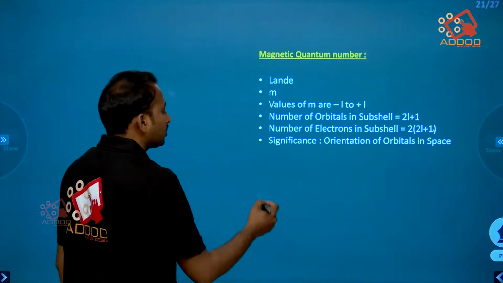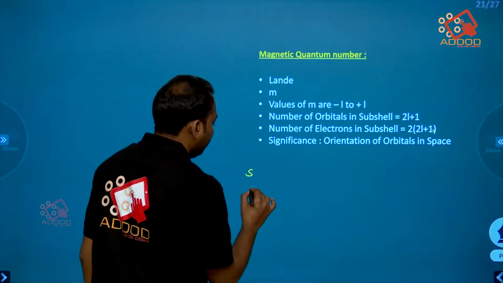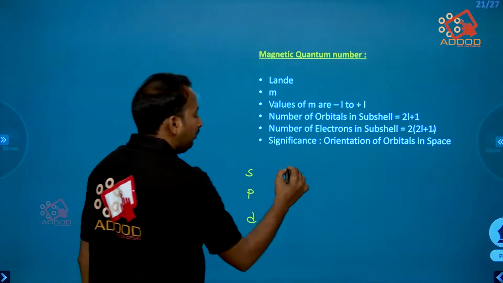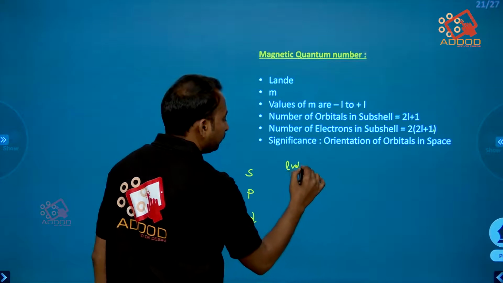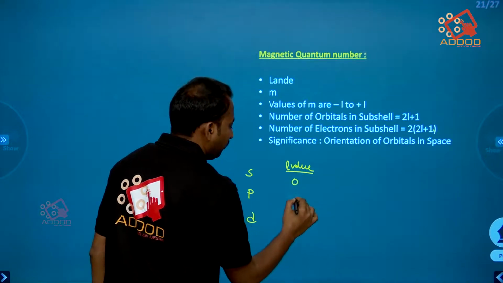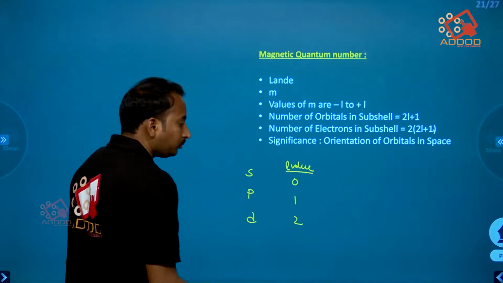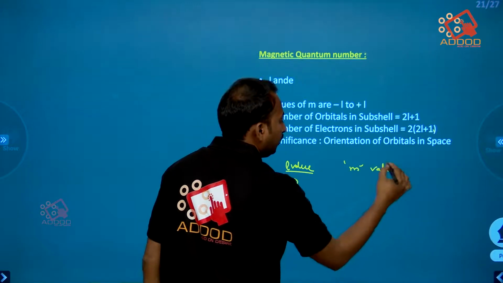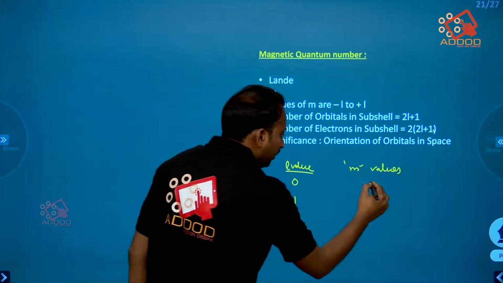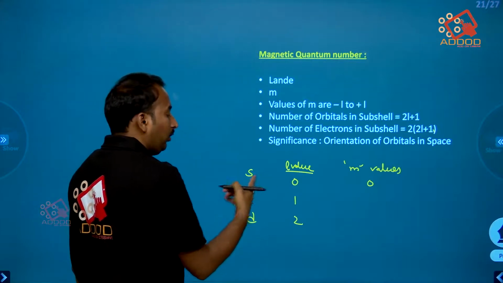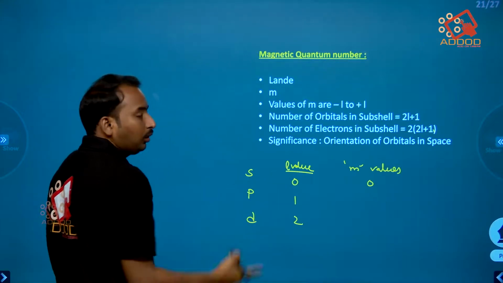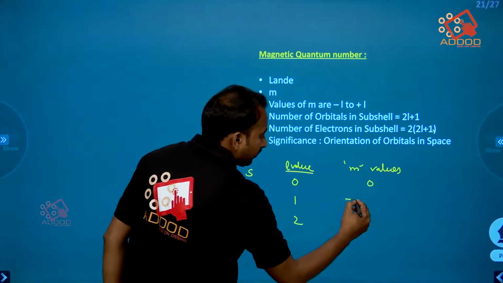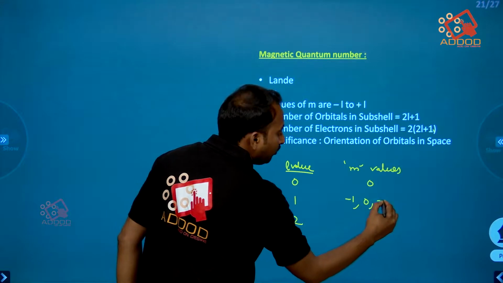So the m values, suppose for s, p, d orbitals, l value is equal to 0, 1, 2. The m value is 0 for the s orbital. For the p orbital, l value is equal to 1, so m values are minus l to plus l, meaning minus 1, 0, plus 1.